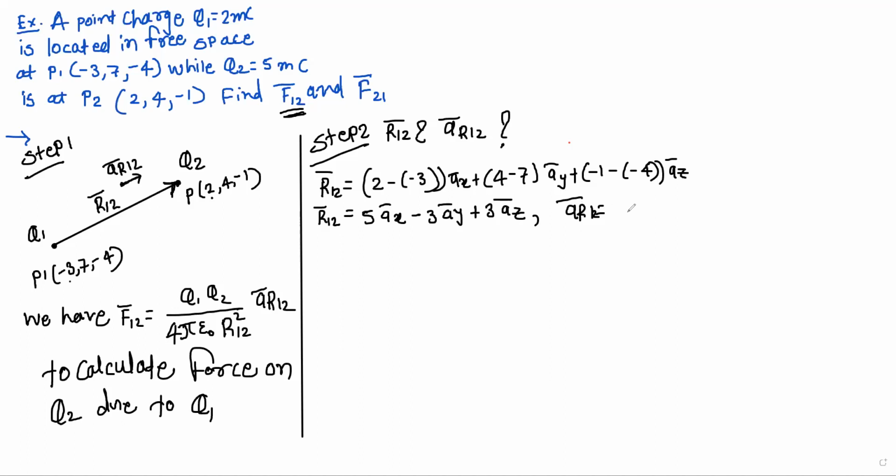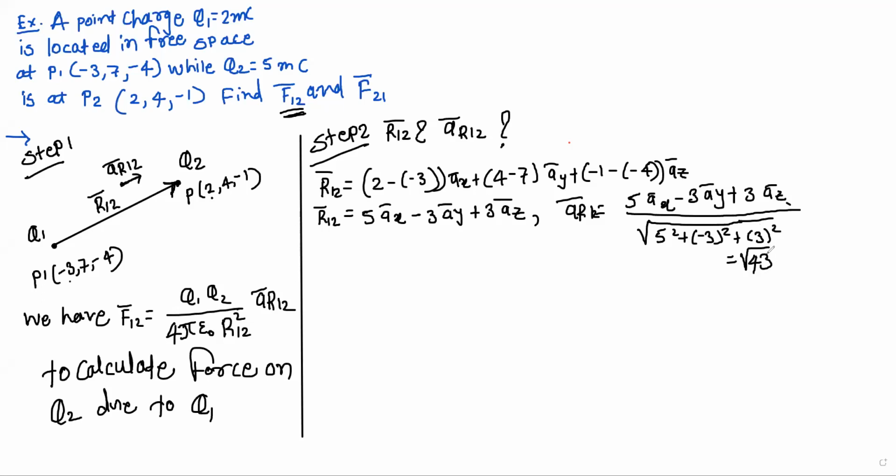The vector is 5 A bar X minus 3 A bar Y plus 3 A bar Z, divided by under root 5 square plus minus 3 square plus 3 square. So this is the unit vector, and that could be under root 43.